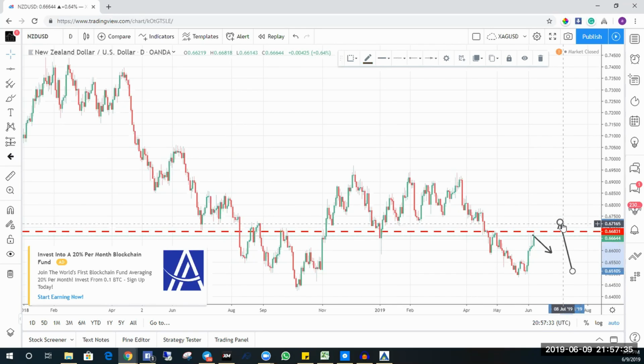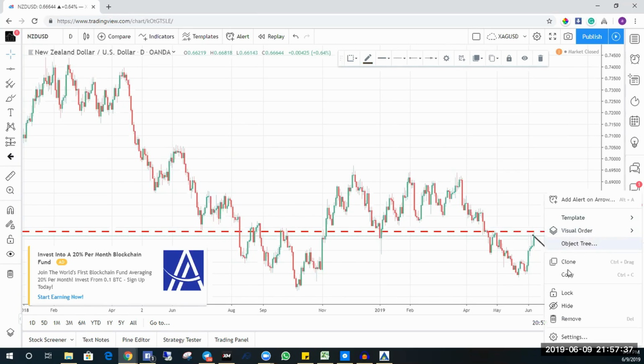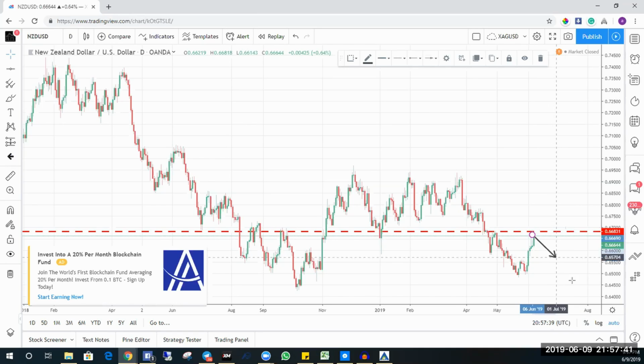Actually, let me get rid of this. You don't always have 100% in forex. So this looks in line with our expectation, and in fact, aligned with the sentiment of the market. We could definitely look at targets around 0.64489.